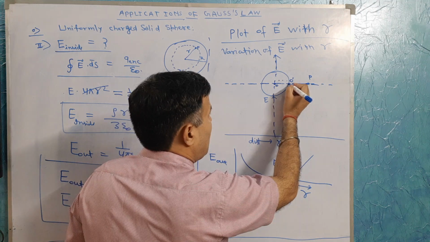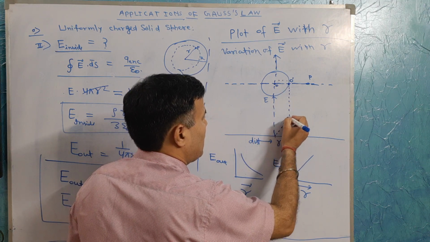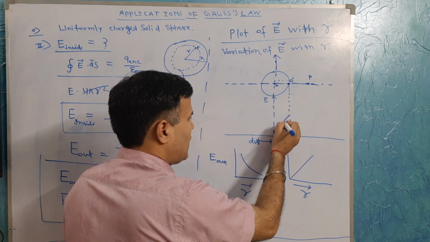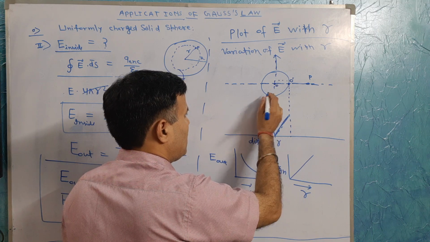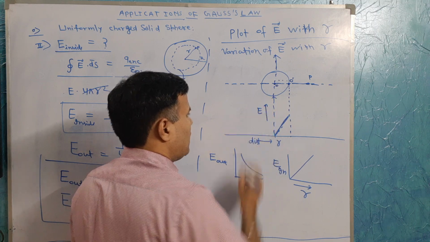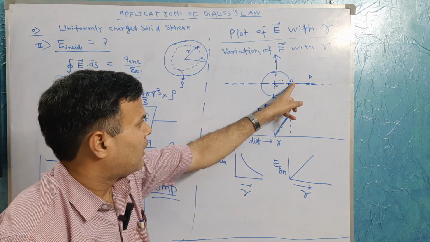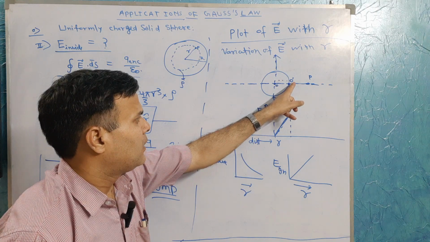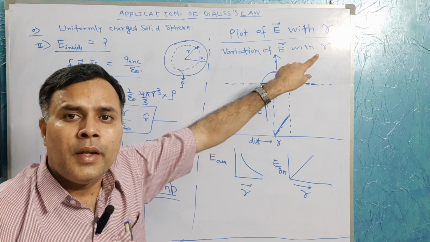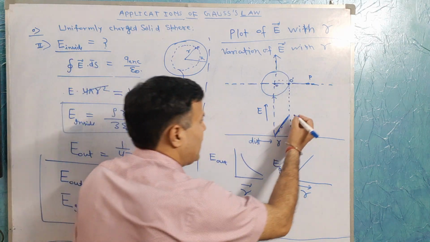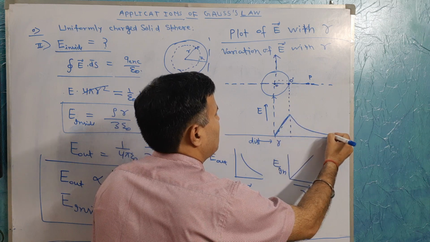So up to this surface it behaves as a straight line, but if you take any point just outside the surface, it follows the 1 by r square profile.